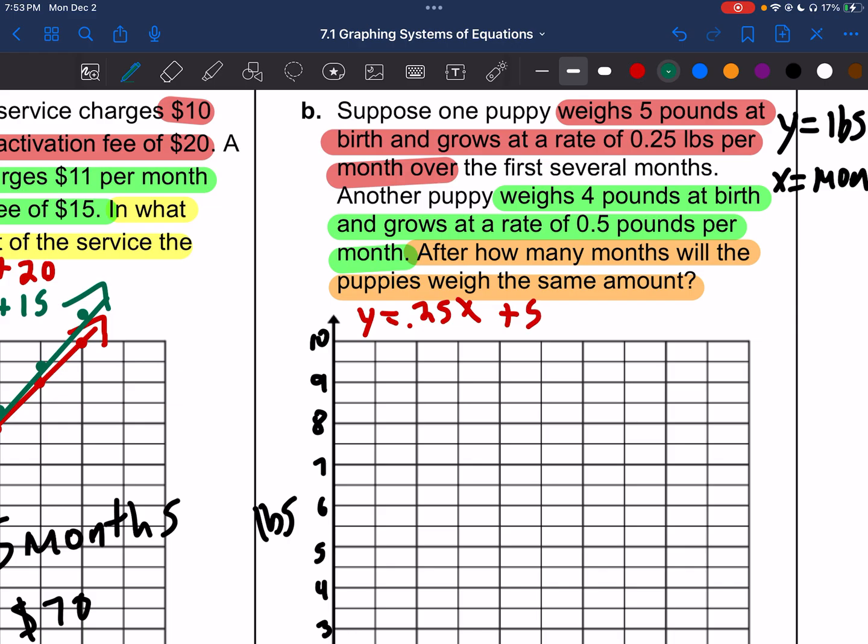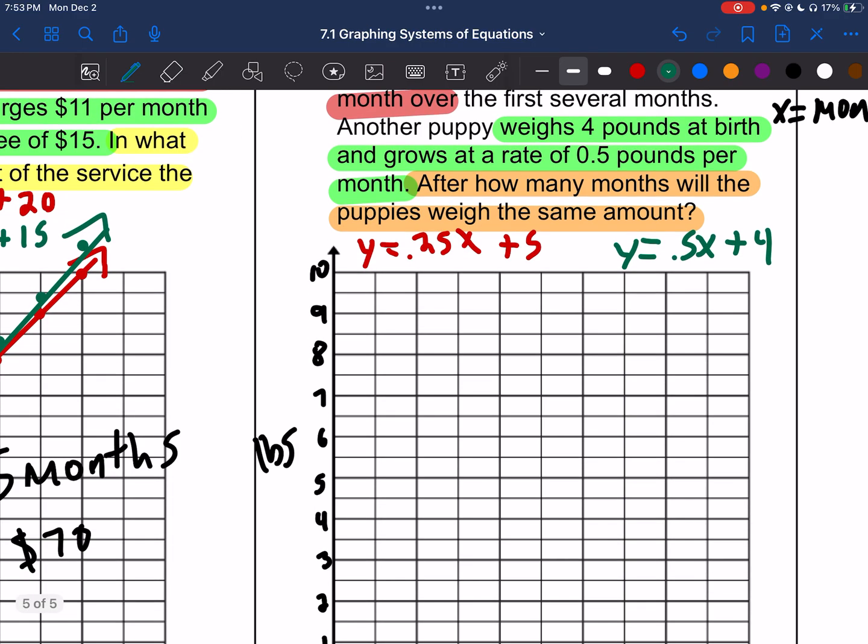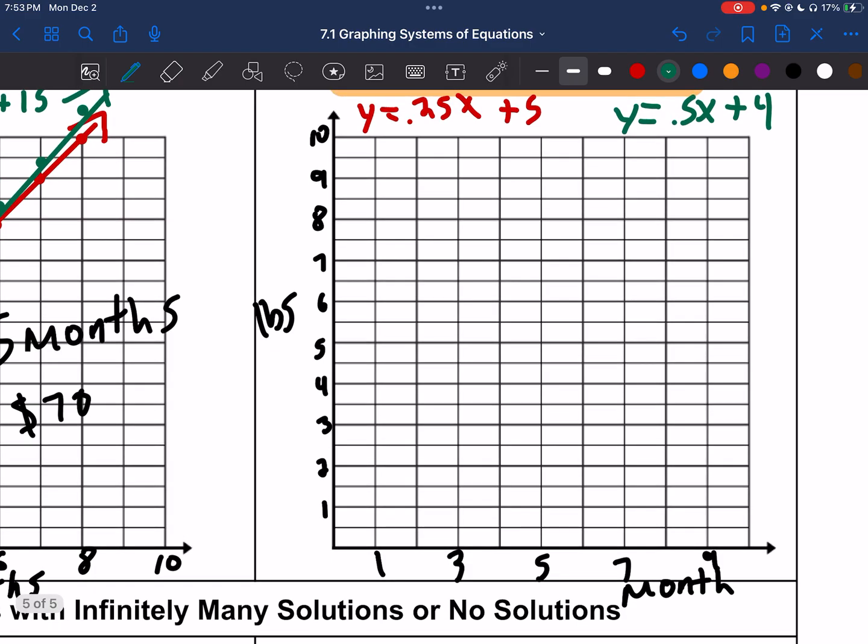Our second equation, the weight is equal to the rate 0.5 times the number of months plus the starting 4 pounds. All right, now if you look at my graph, I already gave you the units on it.